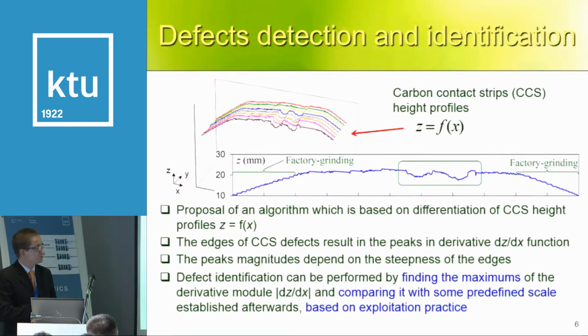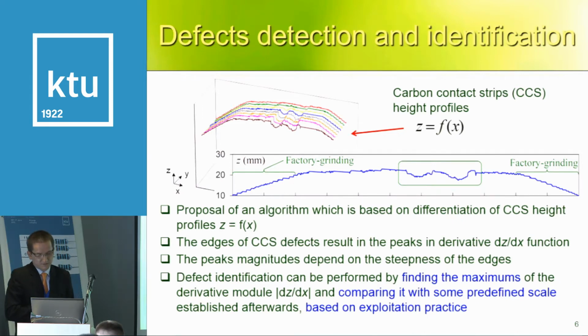If we take into consideration the data we have obtained from the camera, we proposed an algorithm based on differentiation of carbon contact strip height profiles.